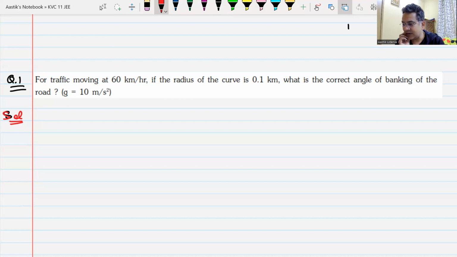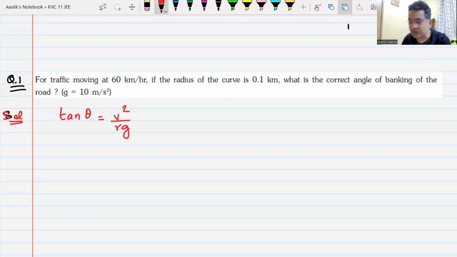How will you find out the angle of banking? Any formula we know? It is tan theta equals v square by rg. Well done. You just find out tan theta, v square by rg.